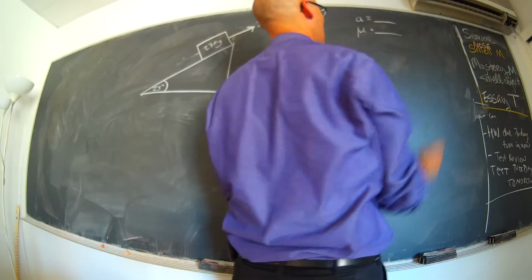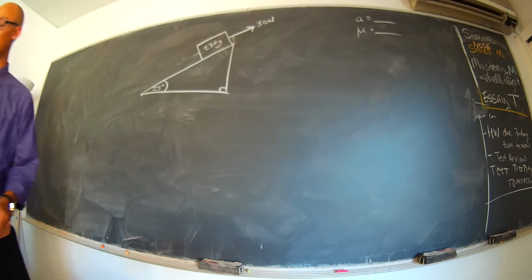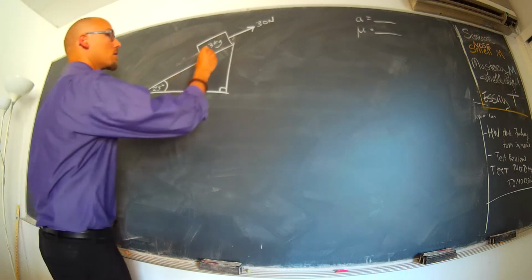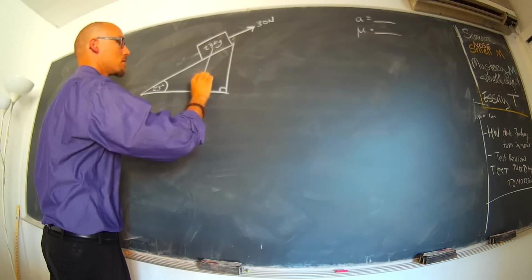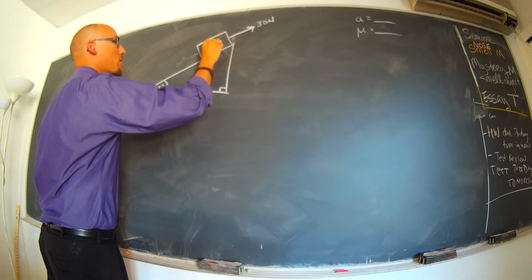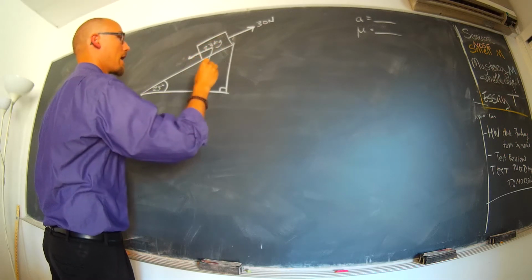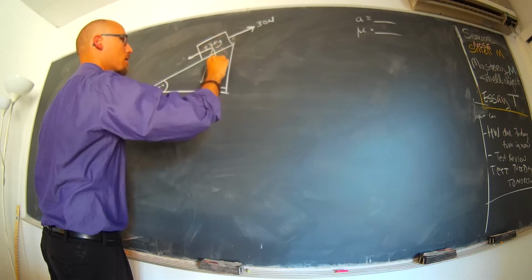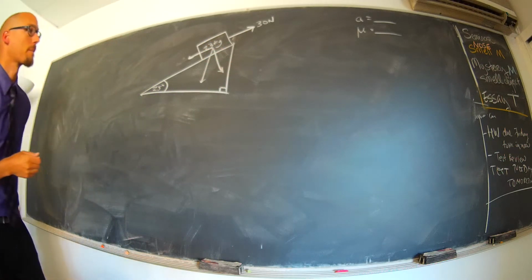That's a good question. All right, we can do this. So, gravity is down here, but that's going to be broken down into this part and this part. So then that angle is 25, right? Yep.